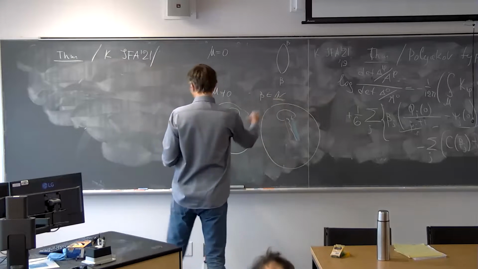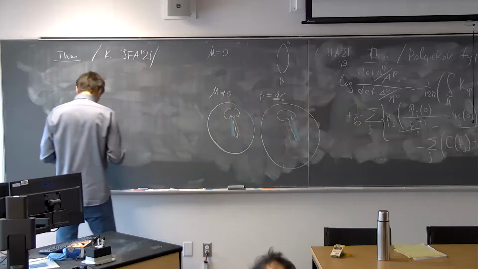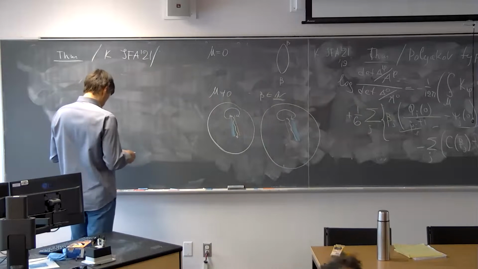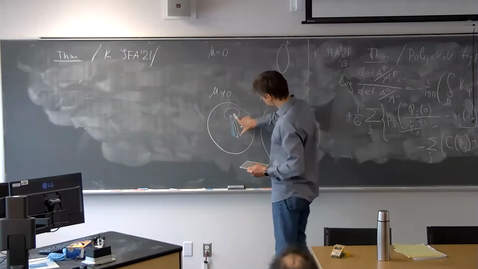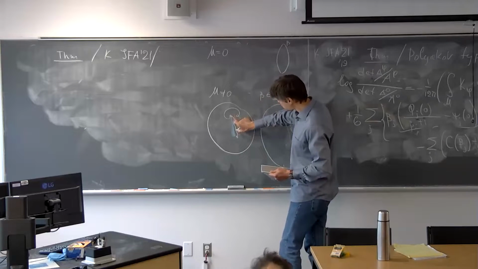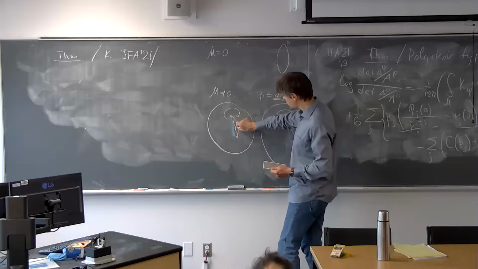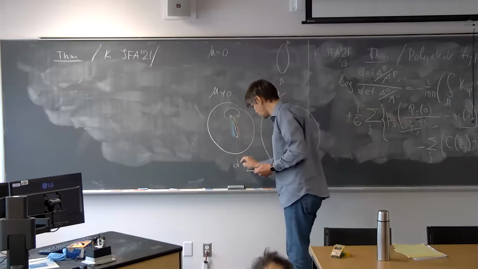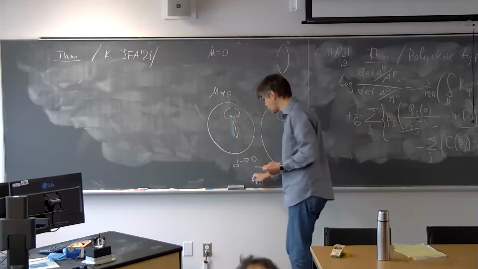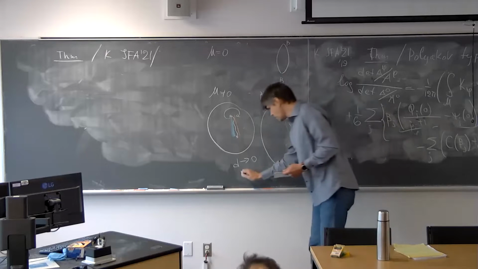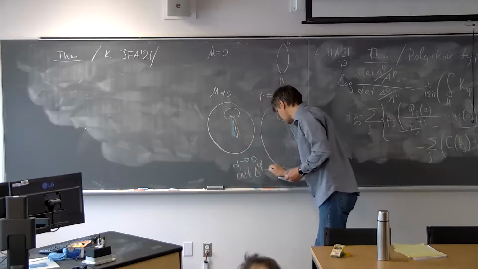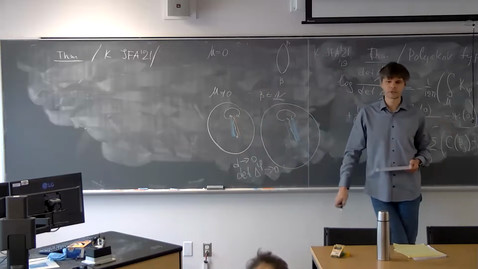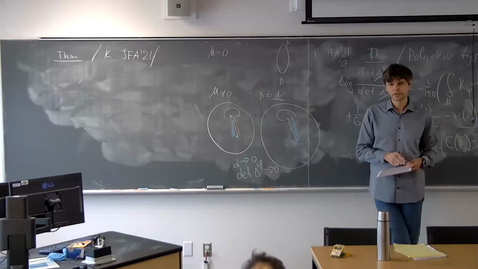This is the illustration of what's happening there. If we consider the degeneration as those two conical points collapse, which means the geodesic distance between them goes to 0, then the determinant of Laplacian also goes to 0, which is not very surprising. This is what you expect.